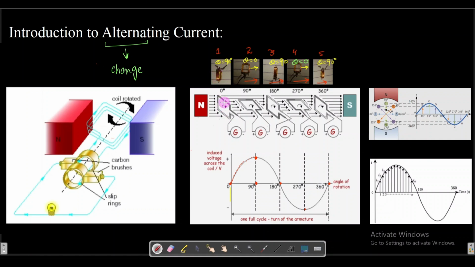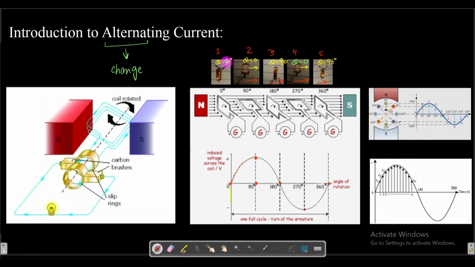So when the coil is perpendicular, when the coil is vertical here, the area of this side of the coil will have some direction, and that direction is outside from the screen. Okay, so this is the direction, and here the direction is from left to right.